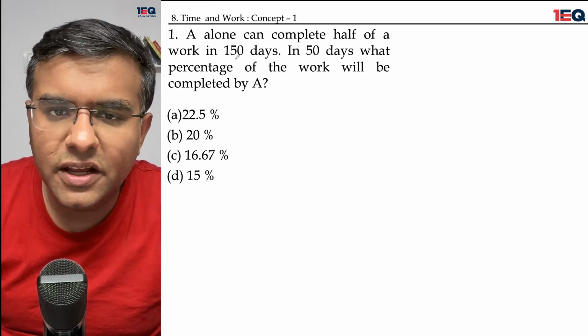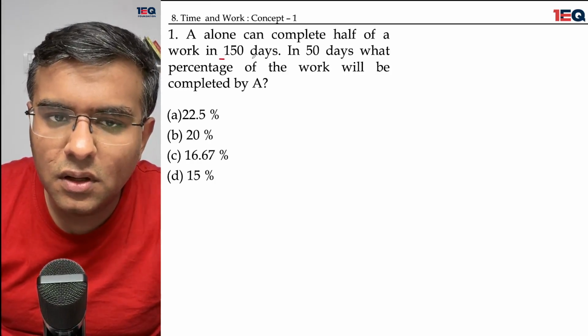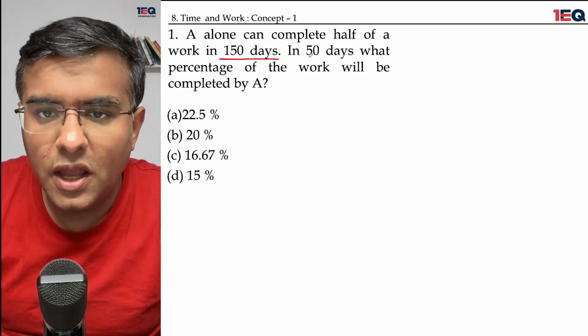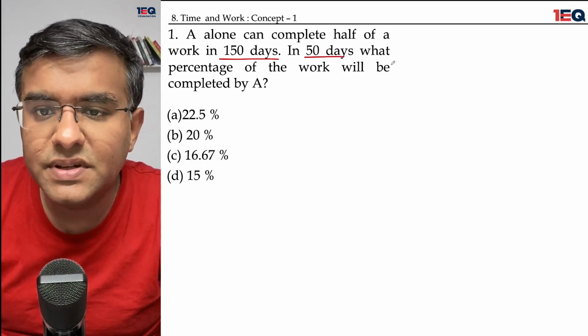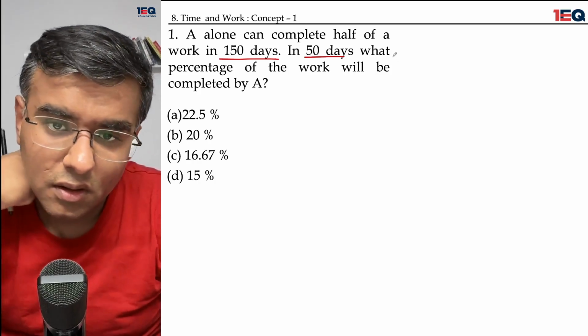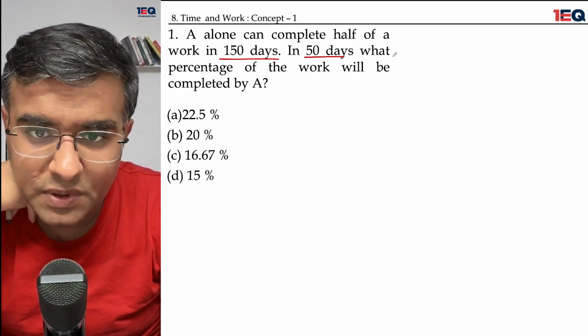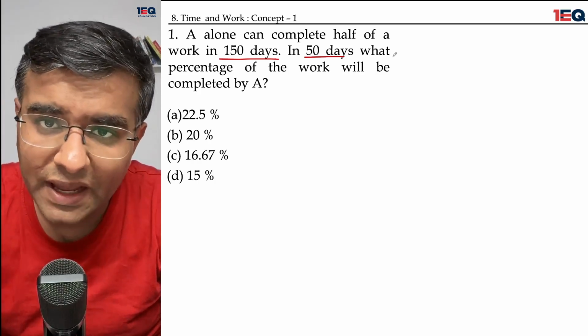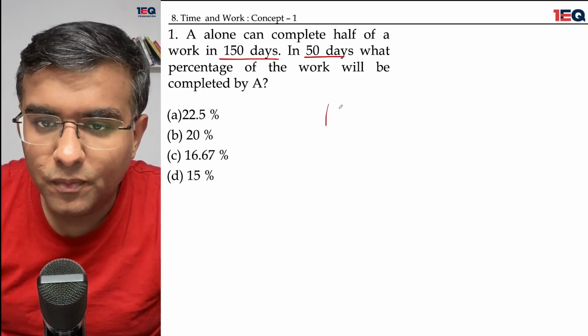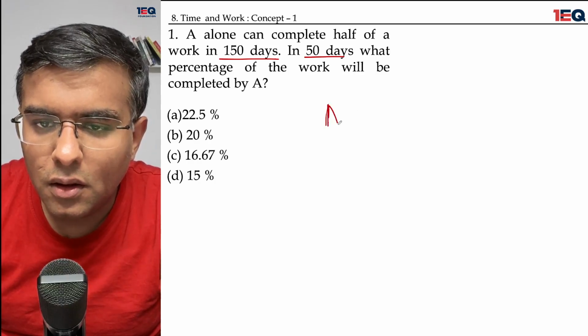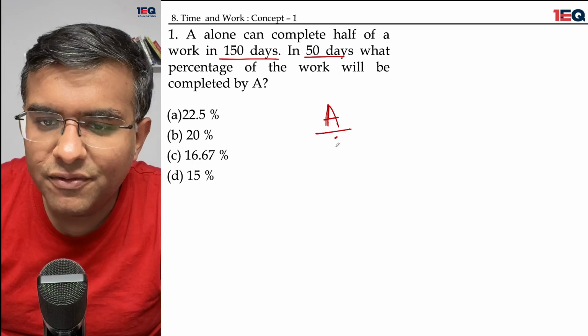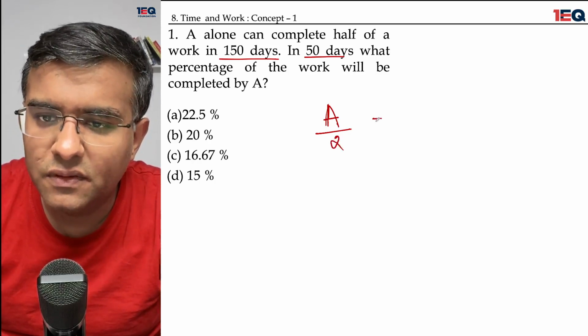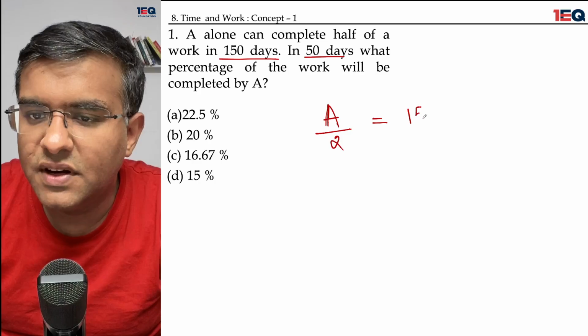A alone can complete half of a work in 150 days. In 50 days, what percentage of the work will be completed by A? So, A is doing half of his own job in 150 days.